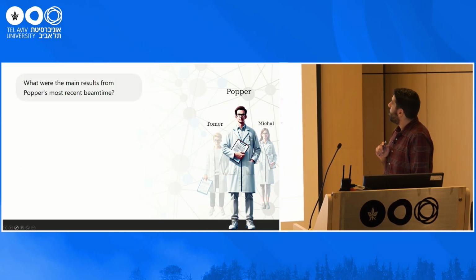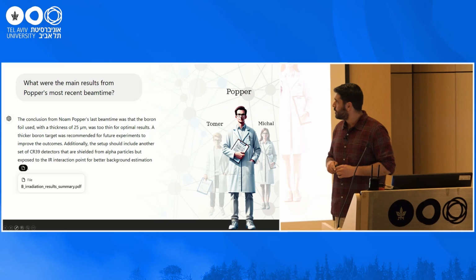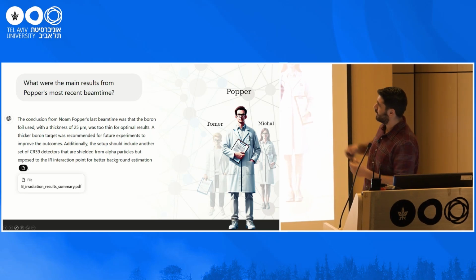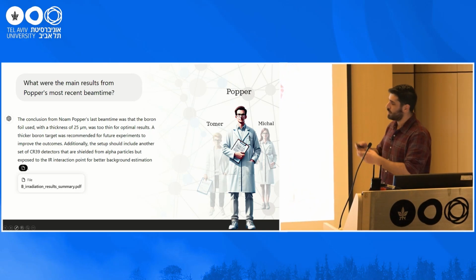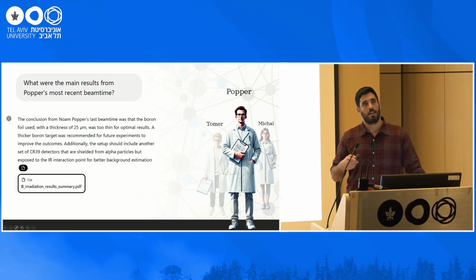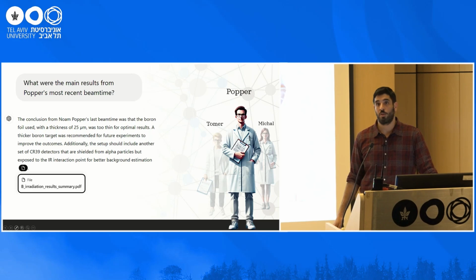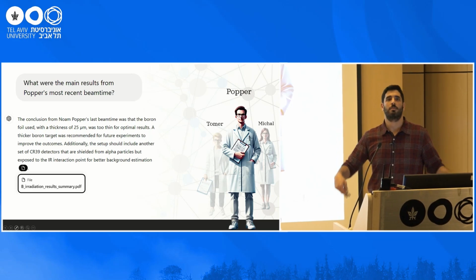Let's choose, for example, Popper. What were the main results from Popper's most recent beam time? So it gives you Popper's beam time results, that the foil was too thin, etc. And most importantly, it connects you to the file where it took the information from, so that you can check that it's not just making things up.